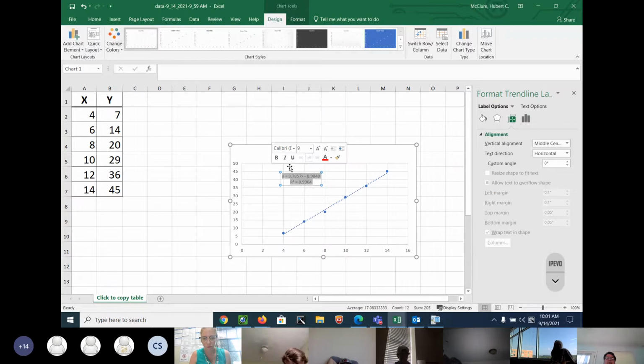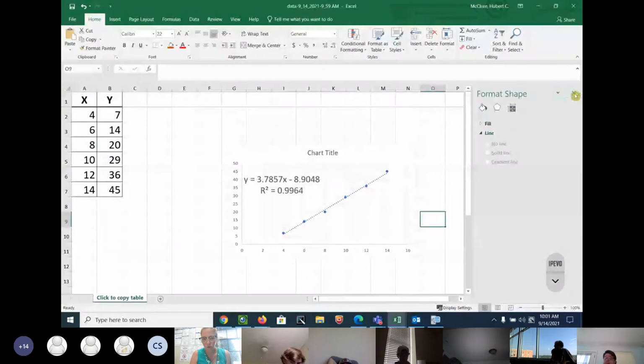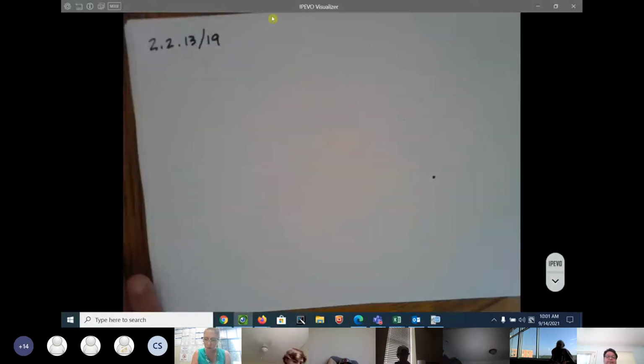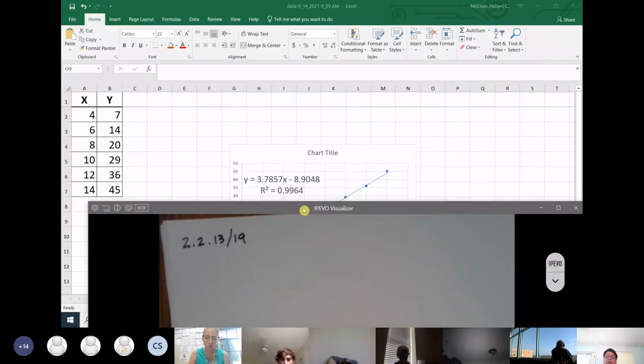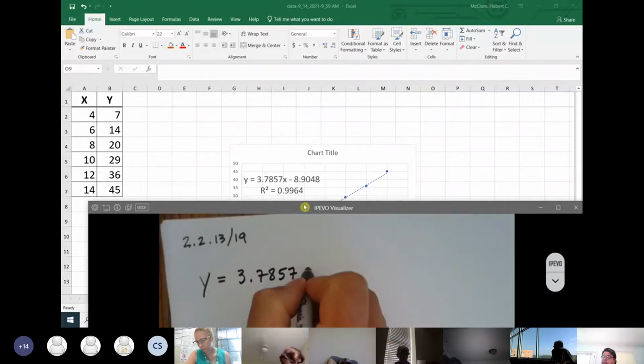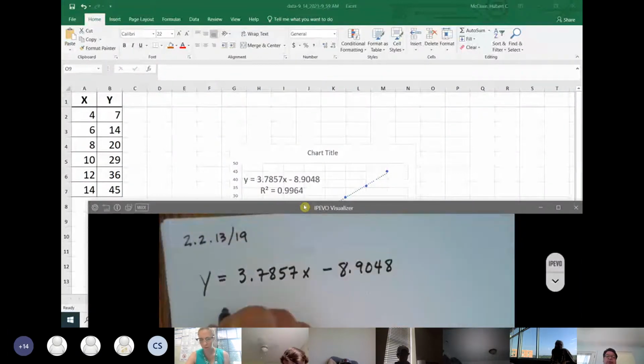And I'm going to talk to you about the correlation coefficient also, in case you're ever asked on a standardized test. So the equation for this line is y equals 3.7857x minus 8.9048. R squared is equal to 0.9964.